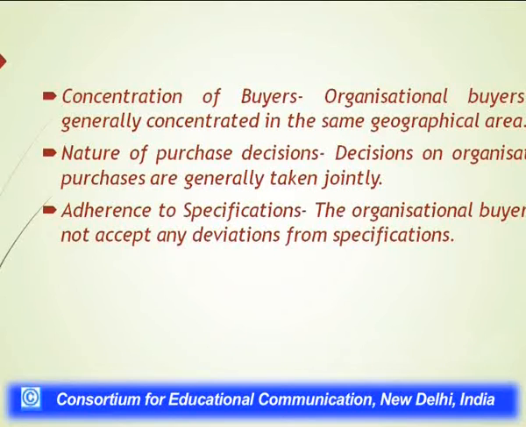Therefore, a tire company may find all these automobile firms to be situated at one place only. Whereas, if the same tire company wants to cater to the replacement tire need of the consumers, those consumers are scattered all over the world.